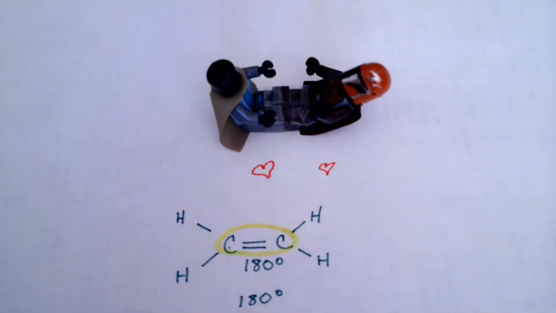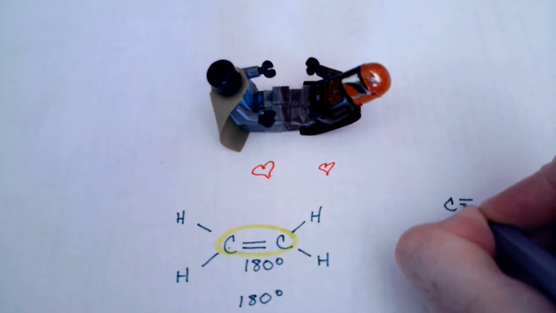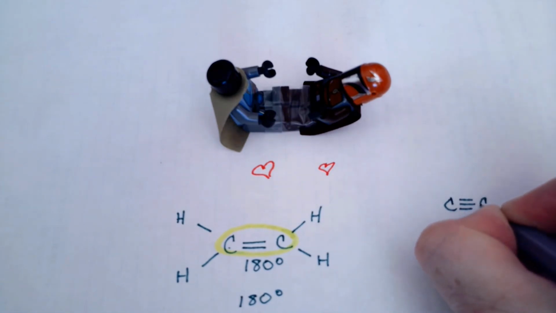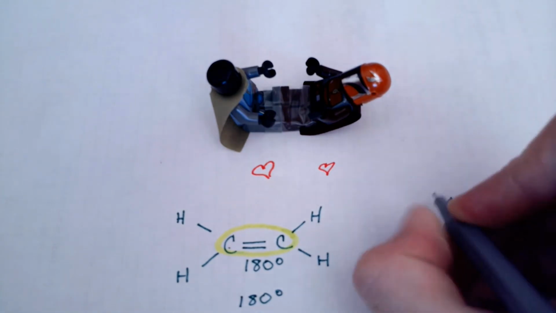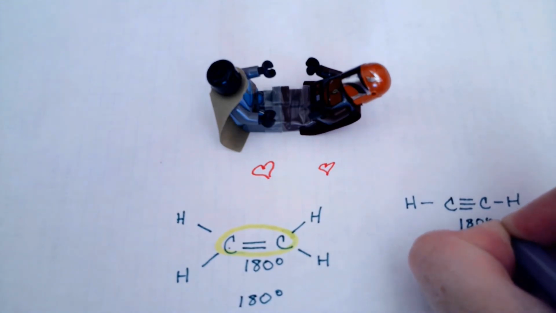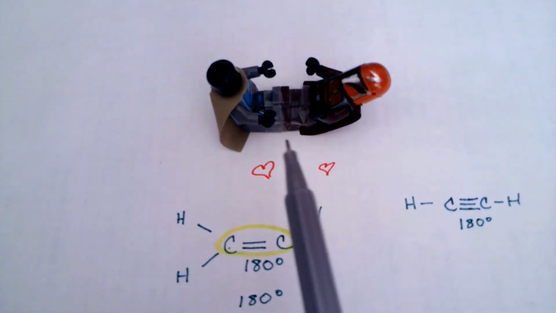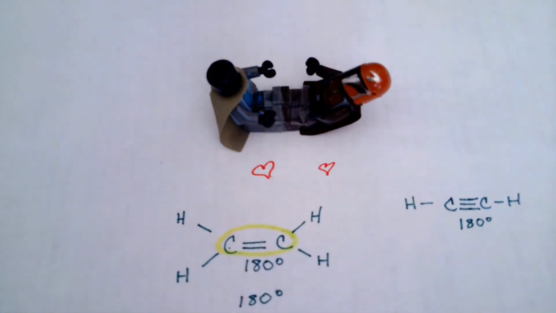We're going to have to start playing some game of Twister. Imagine that it's a triple bond. What if we had carbon with 3 bonds? It's still 180 degrees. But now we need 3 areas of localized overlap. So their hands would have to be touching and their heads would have to be touching.